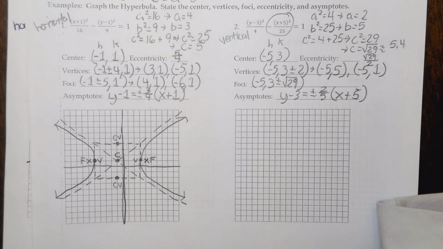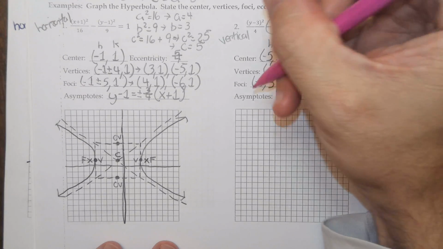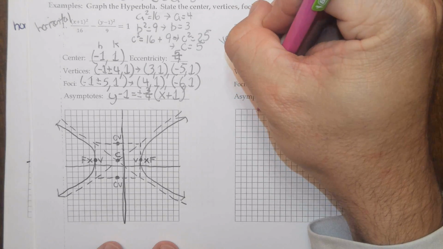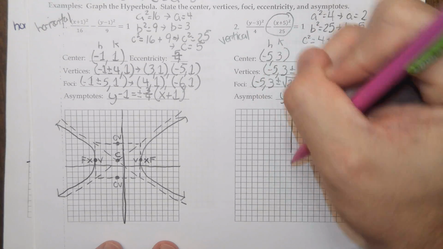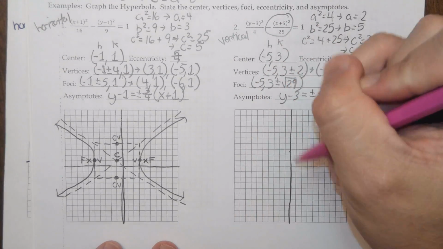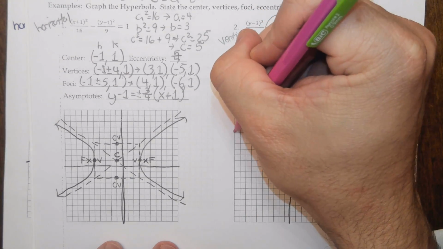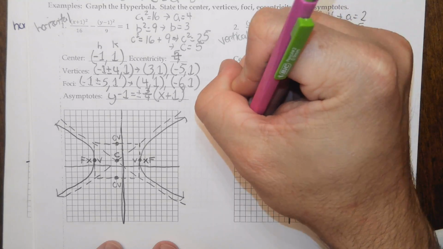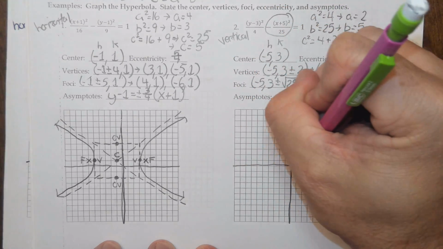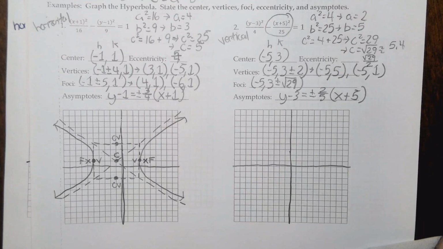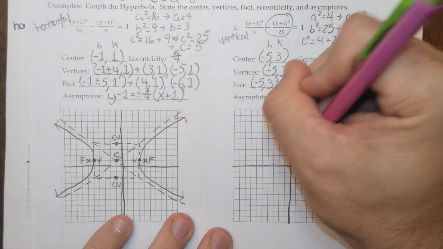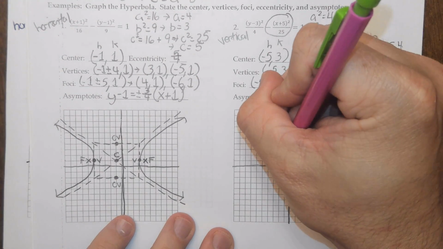All right, let's go ahead and draw our axes. Let's start off with our center here, -5, 3.